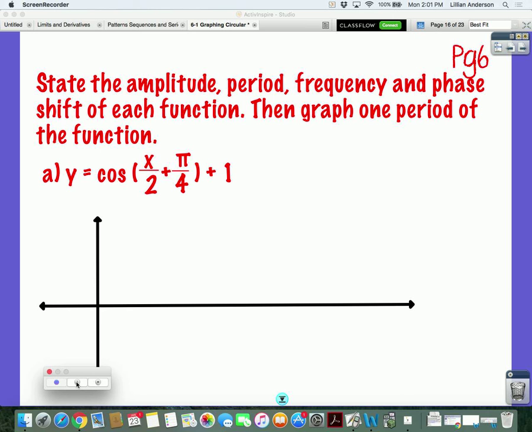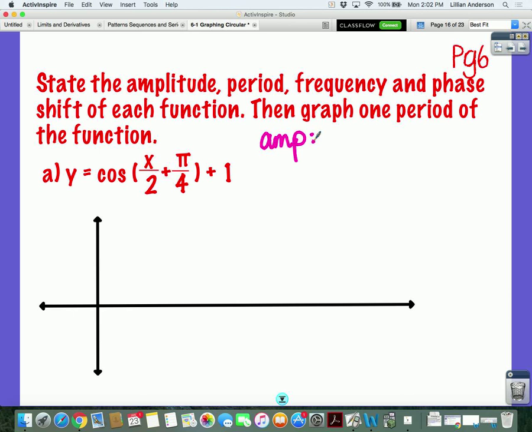All right, so we're doing this one together. Let's run through the information first. What is the amplitude of this function, Monica? It is 1. Yes. The period of this function, Caleb. Is that pi over 4? How'd you get that?